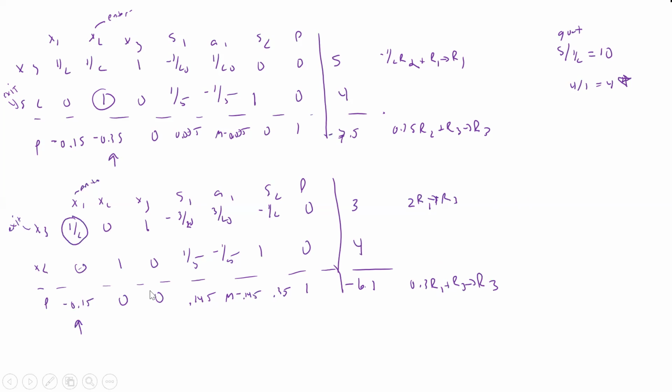All right, so now we have x1, x2, x3, and then we have s1, a1, s2, p. And now we had x1 coming in, x2 still there, p there. All right, so now we took 2 times that, so that's going to be a 1, a 0, a 2, a minus 3/10, positive 3/10, a minus 1, a 0 times 2 is 6.